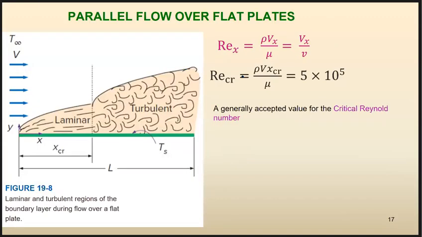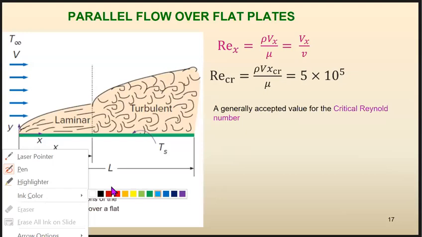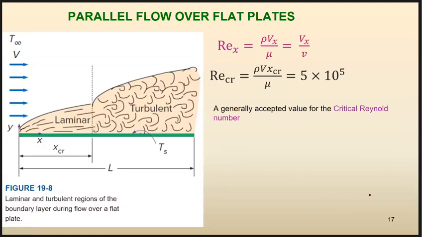Again, we're going to use the Reynolds number. As with internal flow, when we calculated the pressure loss and friction loss inside a pipe, for external flow over flat plates you need to calculate the Reynolds number to see if the flow is turbulent or laminar.